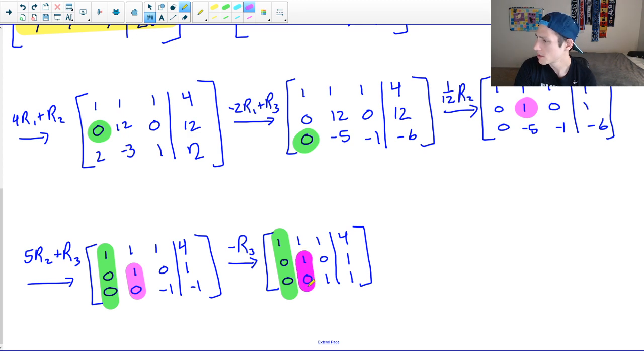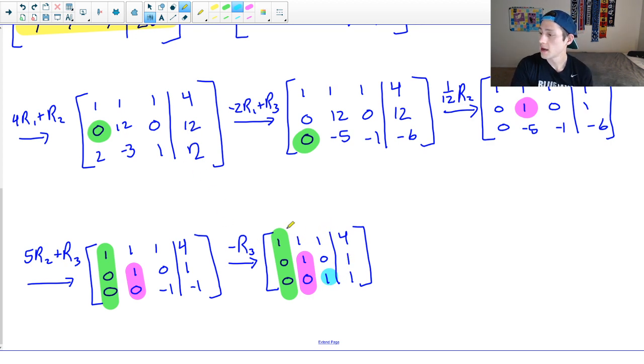We got a 1 and made all the stuff below that 0. And we got a 1. There's nothing below it to make 0. If there was, then we would. So we did our first progression of left to right. Now we're going to go back and do right to left, to worry about the above stuff.